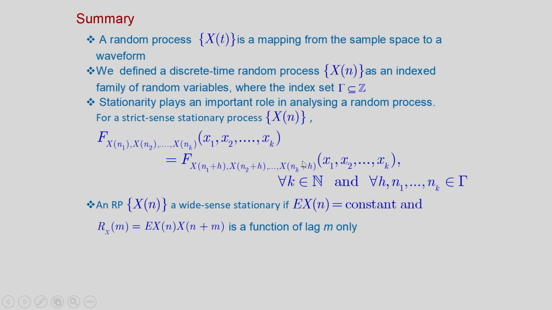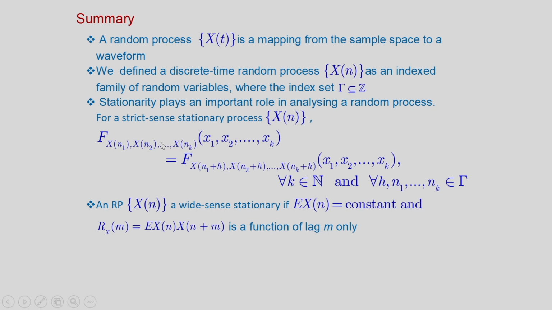So, the CDF is invariant under translation of the time axis, and this is true for all k and for all placements of h, n1, n2 up to nk. So, this is a very complicated expression which we have to apply to test whether a random process is strictly stationary or not.